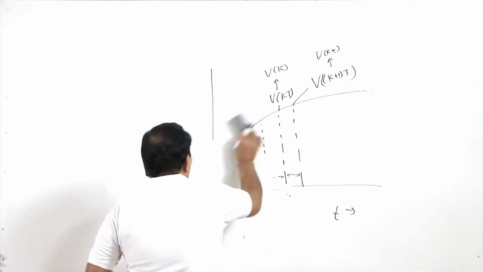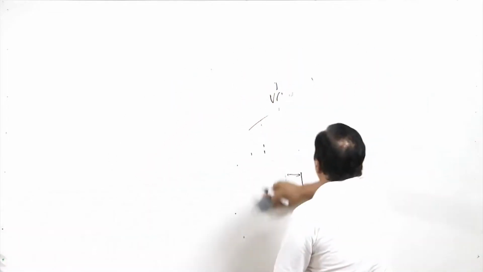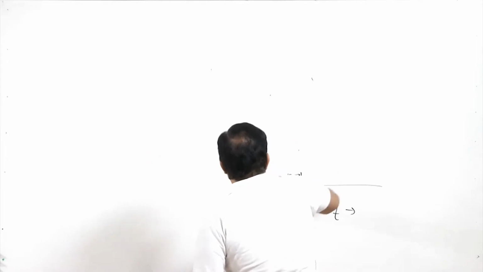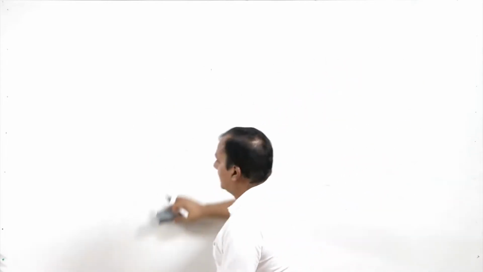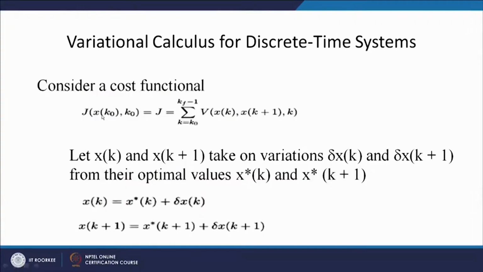So, in this way we can define any discrete functional, and as we know, what is a functional? Functional is nothing but a function of functions. So, what we are trying to do? We are considering a functional j as summation of v of xk, xk plus 1, k.